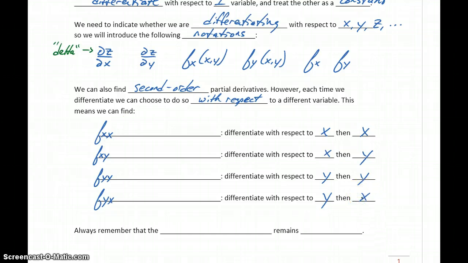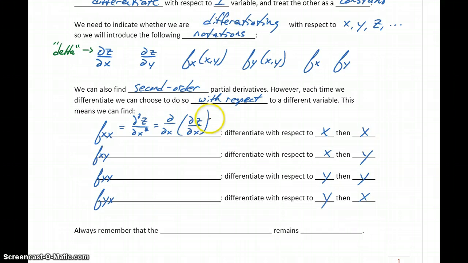So these are the primary notations that we'll use for second derivatives, but there are a couple of other ways to represent this. We could also write this as delta squared z over delta x squared. So those two things mean exactly the same thing. Or we could say take the derivative with respect to x of delta z over delta x.